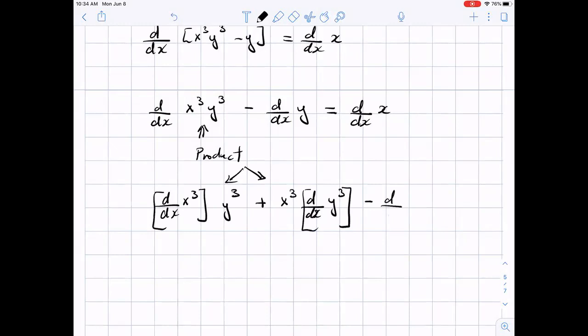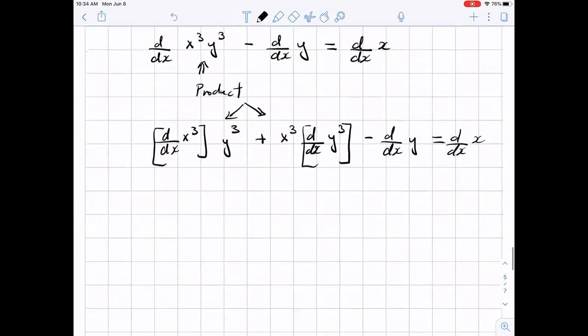And then d/dx of y equals d/dx of x. So the product rule is what we apply here because there's a product here. Now, since the variables here match, this just becomes 3x squared, and then we bring down the y cubed.